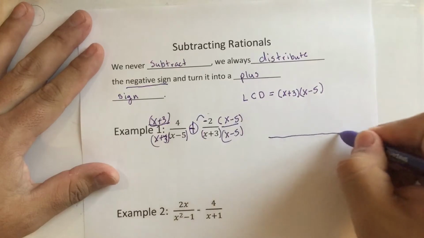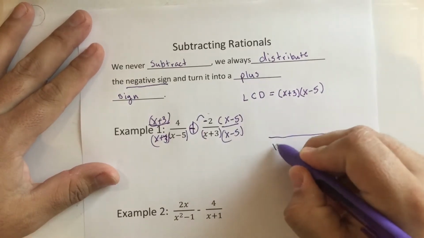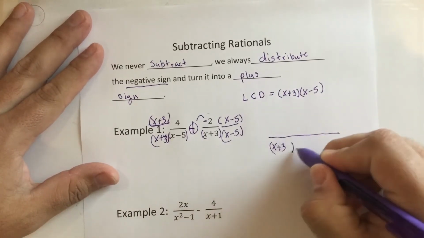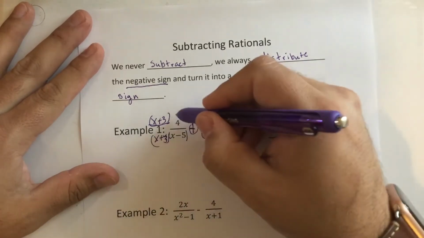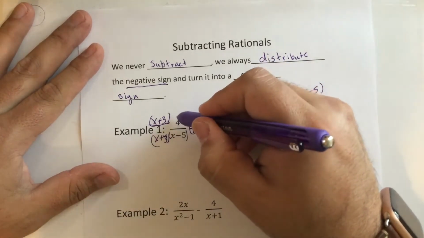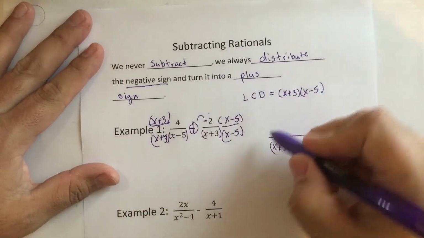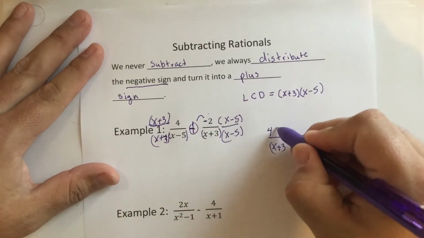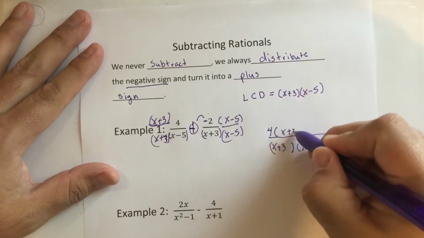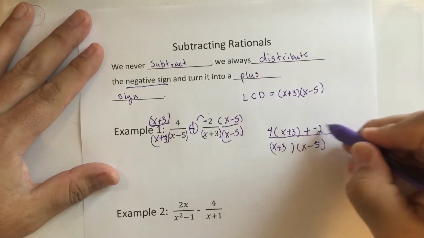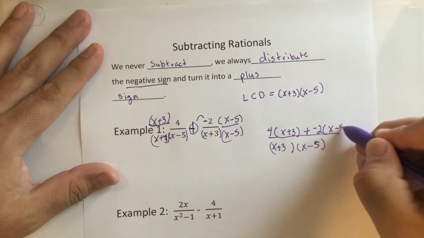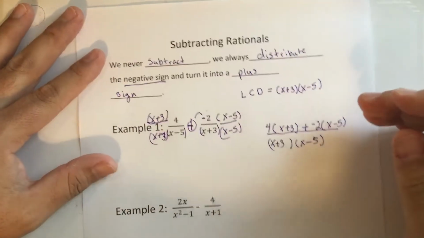So we have our LCD, which is on the bottom, which we said was x plus 3 times x minus 5. Okay, and now we're going to distribute this 4. So what I'm going to show you here, this is the whole piece, is 4 times x plus 3 plus negative 2. See how I distribute that negative 2? Times x minus 5. So I'm just treating this as addition.